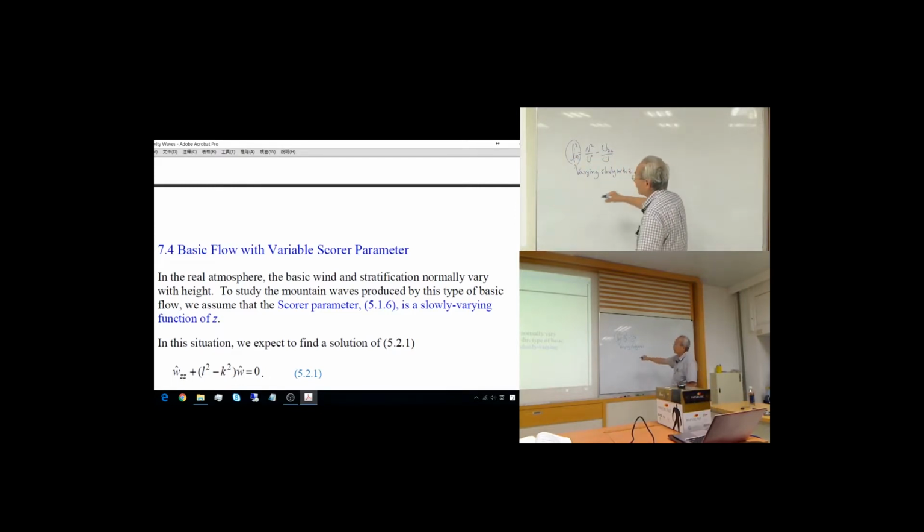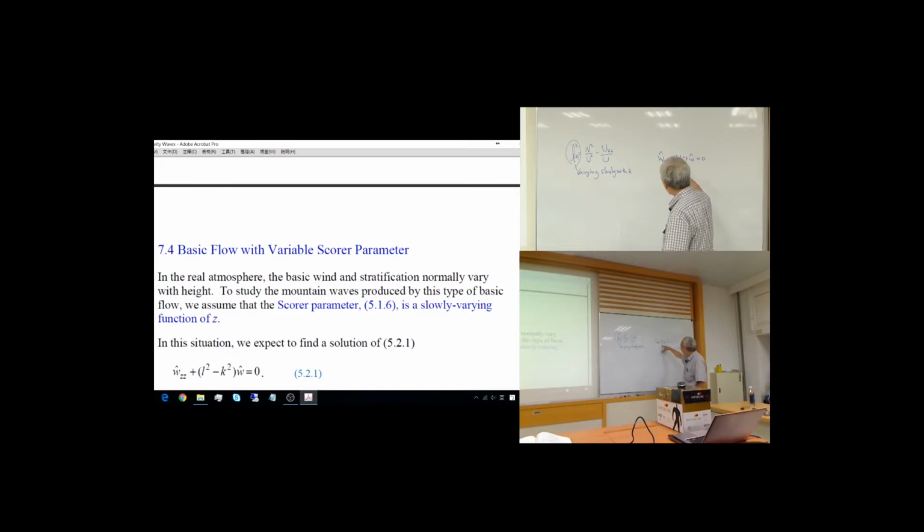equation in the Fourier space. We have W hat GG plus L square minus K square, W hat equals 0.